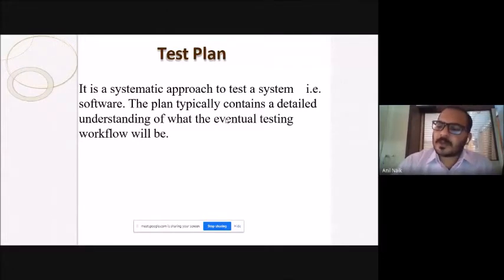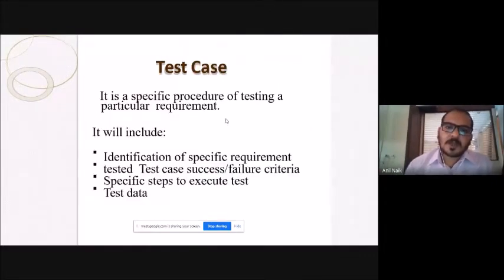Once we prepare a plan, then we can go for writing or designing test cases. So the test plan is very important in software testing. Then test case. What is a test case? It is a specific procedure of testing a particular requirement.